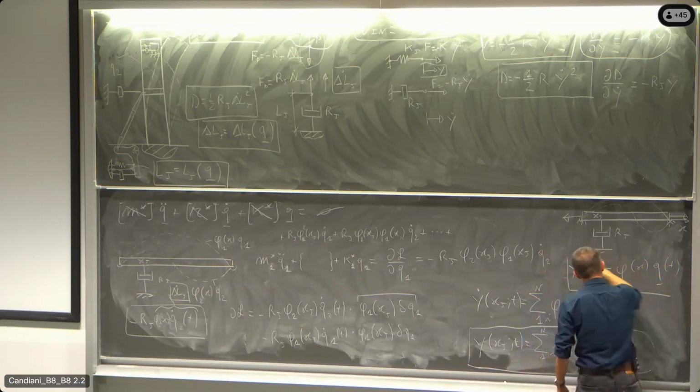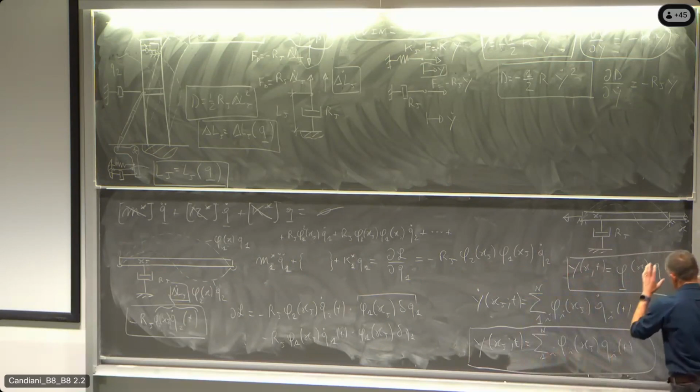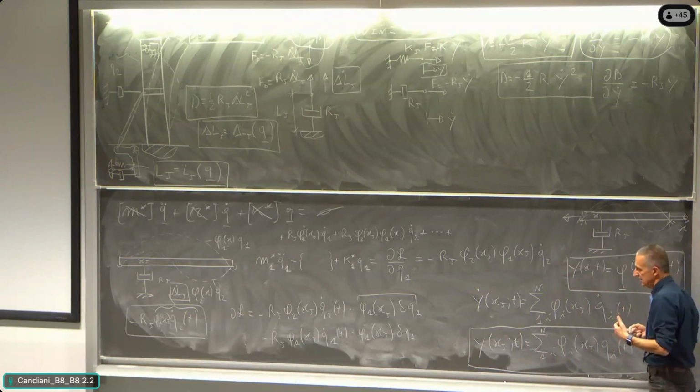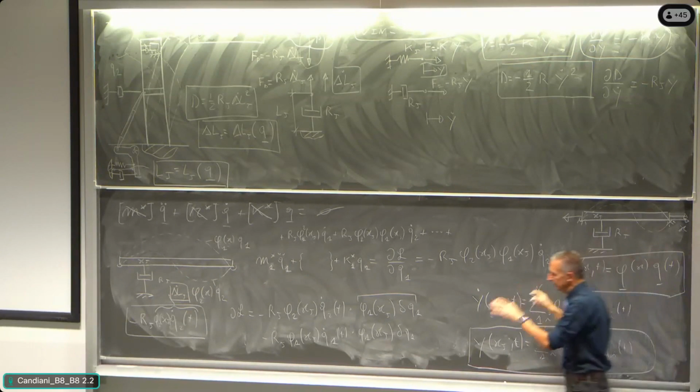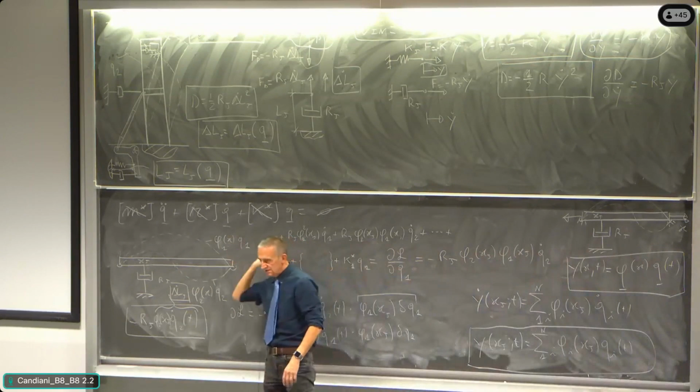So this is our way of writing now. Everything is represented using a set of new coordinates that are moving the mode shapes. And whatever possible movement of the system is represented like that.